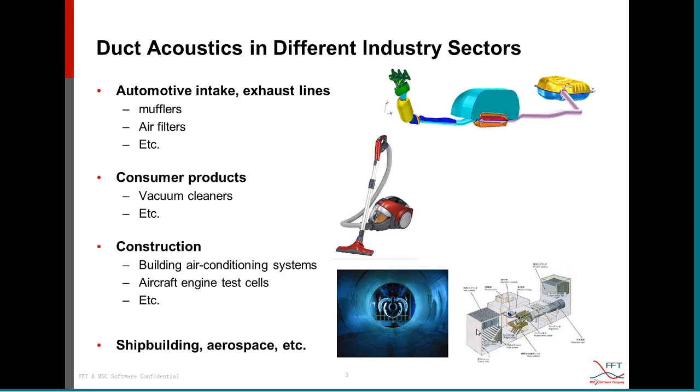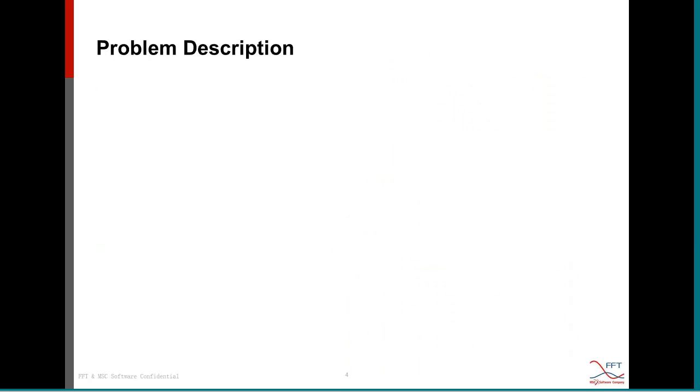Of course, in other sectors like shipbuilding and aerospace, we have similar problems, which all fall into the category of duct acoustics. So today, many of the applications that I will show are in the automotive industry, but the principles of numerical or engineering methods are quite common in duct acoustics among all these industries.